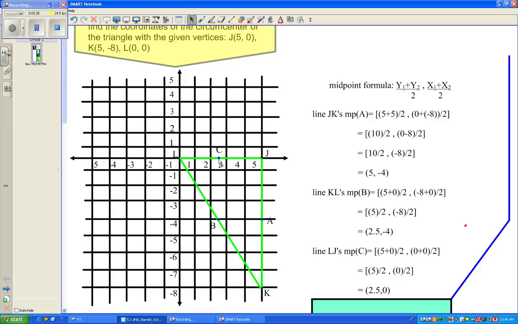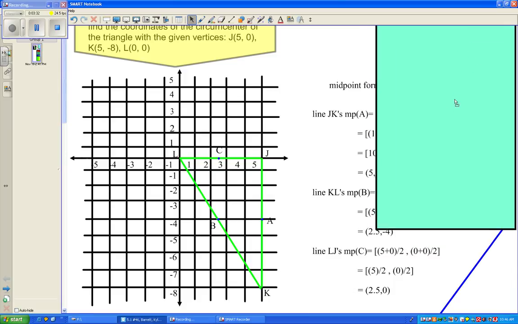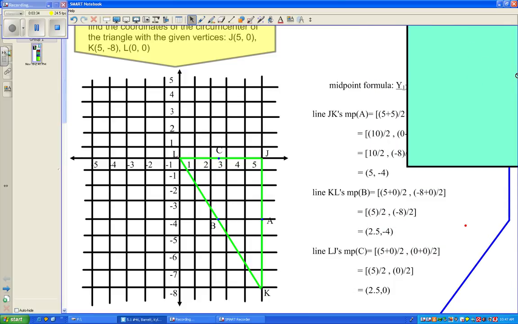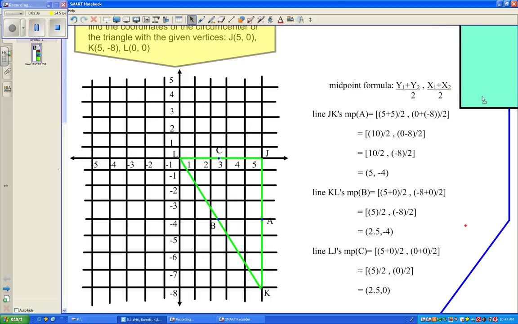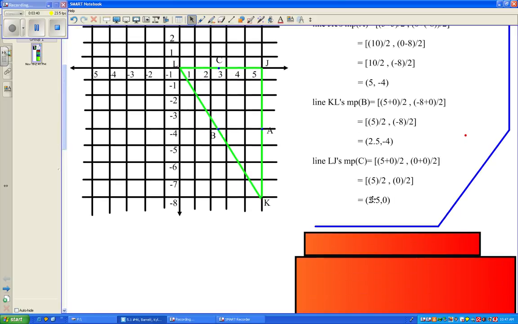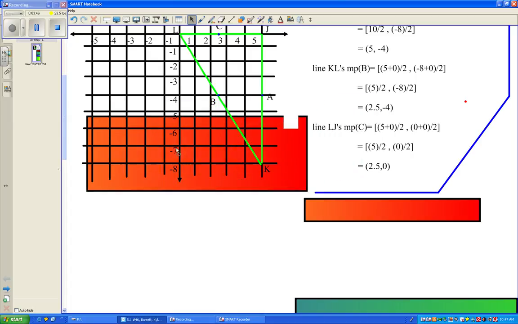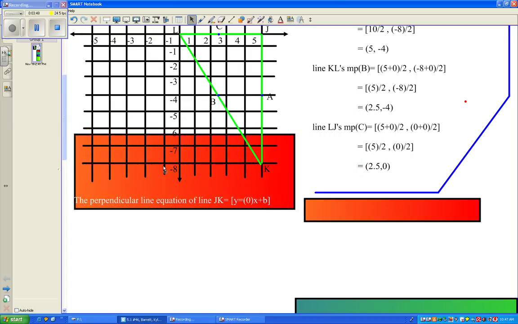So now to find the perpendicular bisectors, we're going to find the perpendicular lines. The equation of the first line, JK, is y equals 0x plus b, because it has a 0 slope.